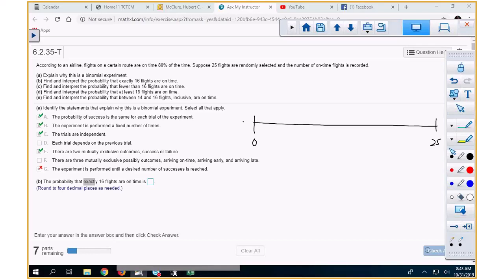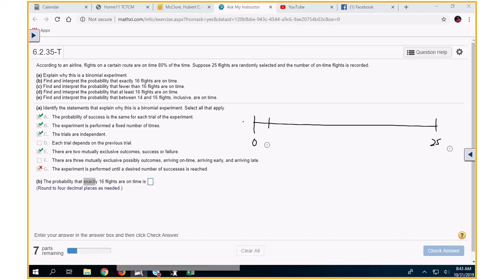All right, so you can't have negative flights. 1, 2, 3, 4, ... 24, and 25. So you got all these flights. Find and interpret the exactly. Remember those words? Exactly means that you're going to put 1 dot, a little dot, not a closed circle, not an open circle. Just 16. So that's going to be NP what? 16.